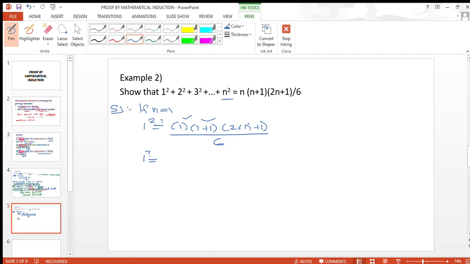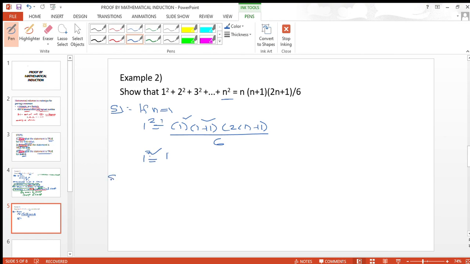This is 2 times 1 is 2 plus 1 is 3. So 1 times 2 is 2 times 3 is 6. 6 divided by 6 is 1. So we have proven here that 1 is equal to 1. So this is already proven.